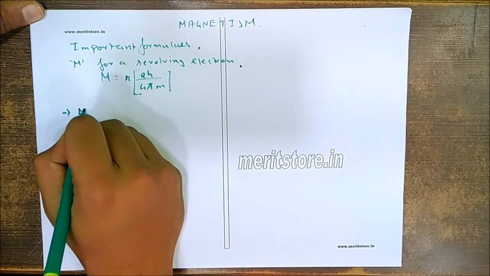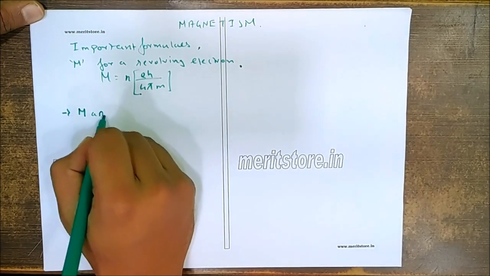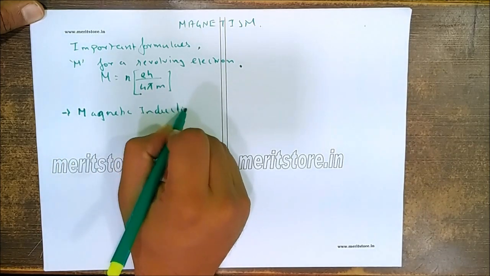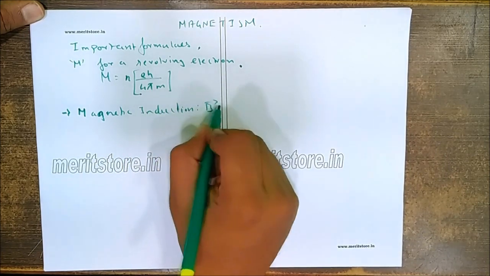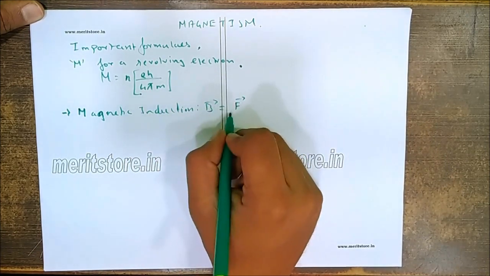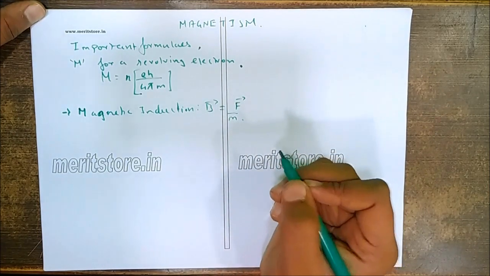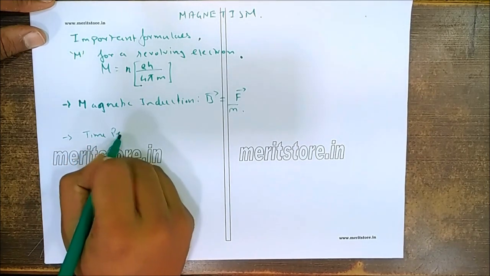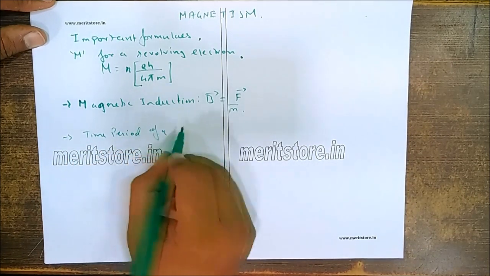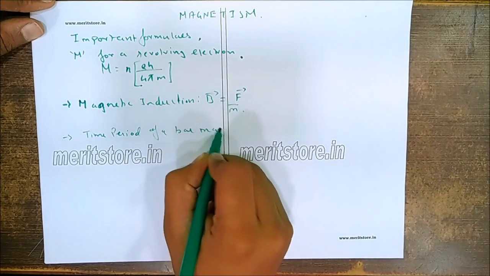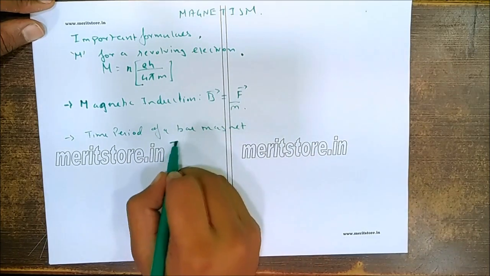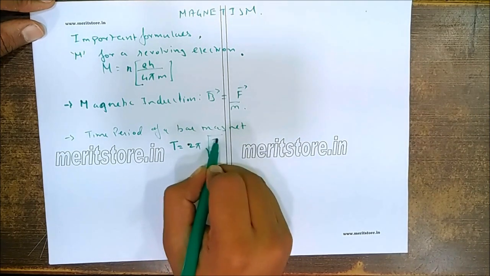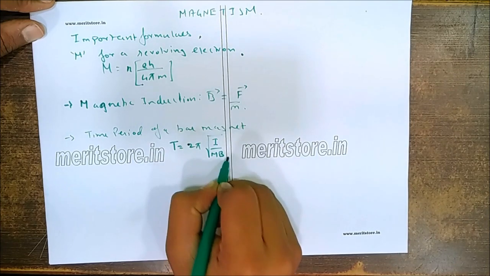Next is magnetic induction, which can be given as B bar is equal to F bar upon m. Next is the time period of a magnet. This is a very important formula. T is equal to 2 pi under root of I upon MB.